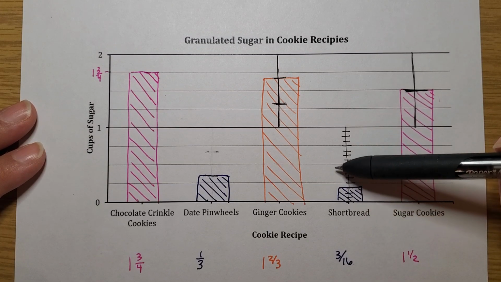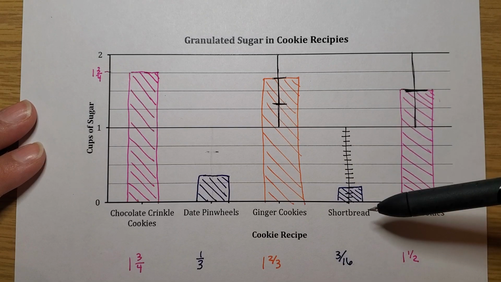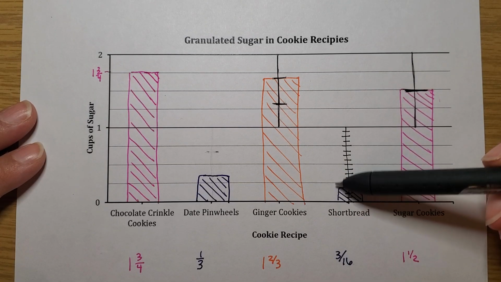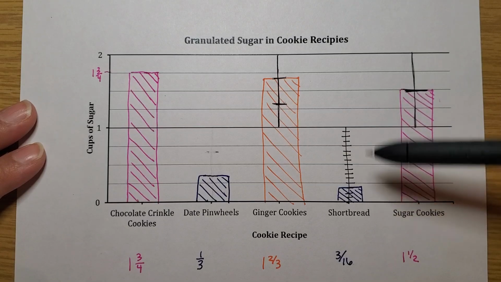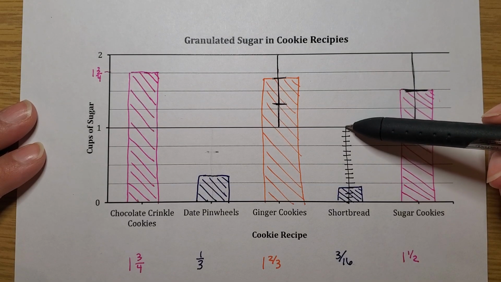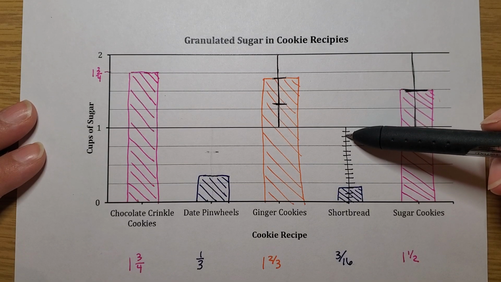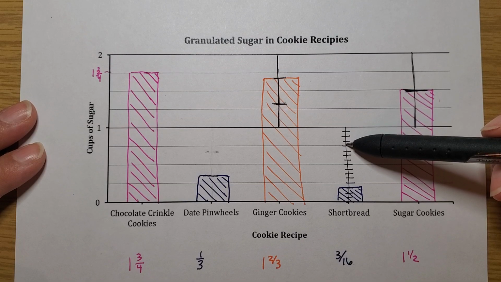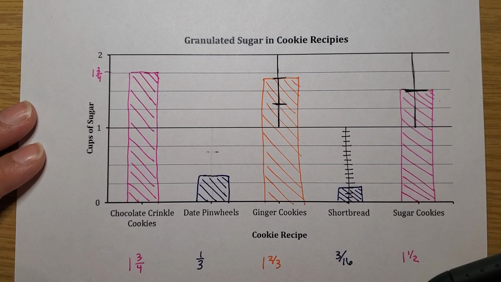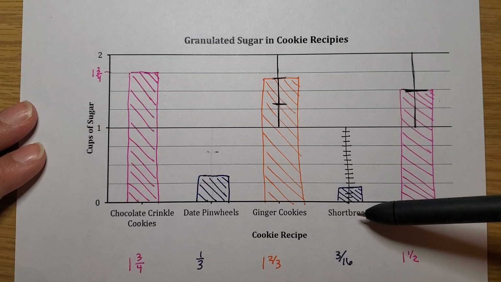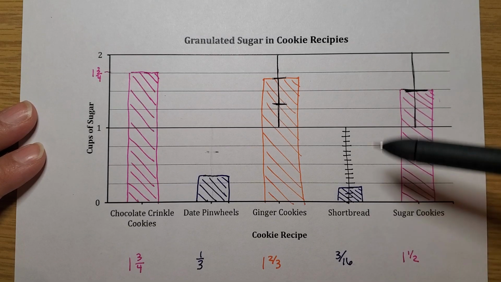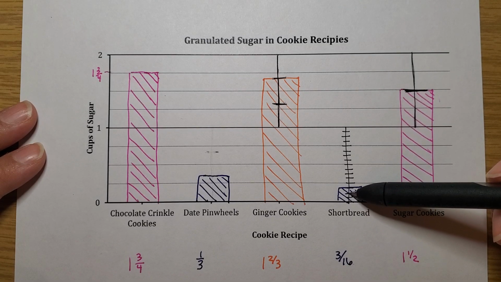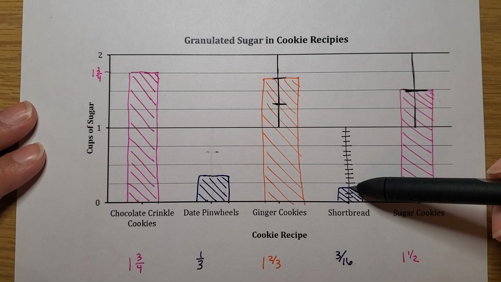And so they gave me these grid lines of fourths already. So I just cut each of those fourths up into 4 pieces. So if we count from the top line, you can see 1, 2, 3, 4 for each of those to get my 16ths. Then the shortbread went up to the third one. So I counted 1, 2, 3, and that's where I put my line.